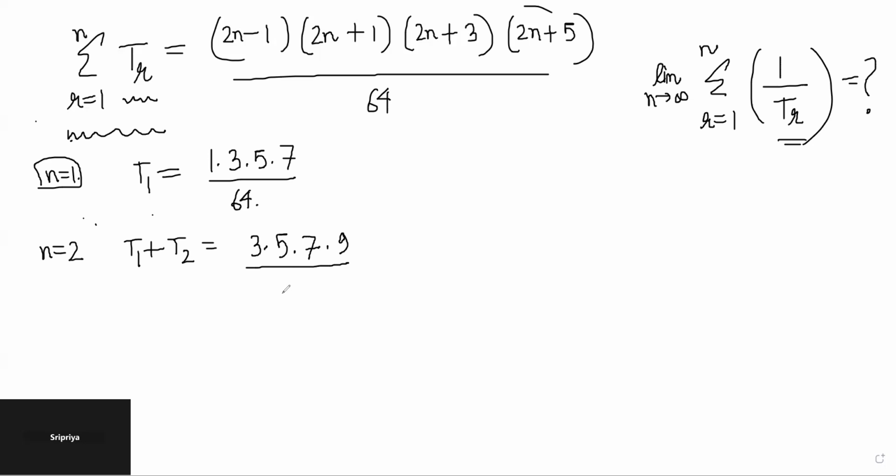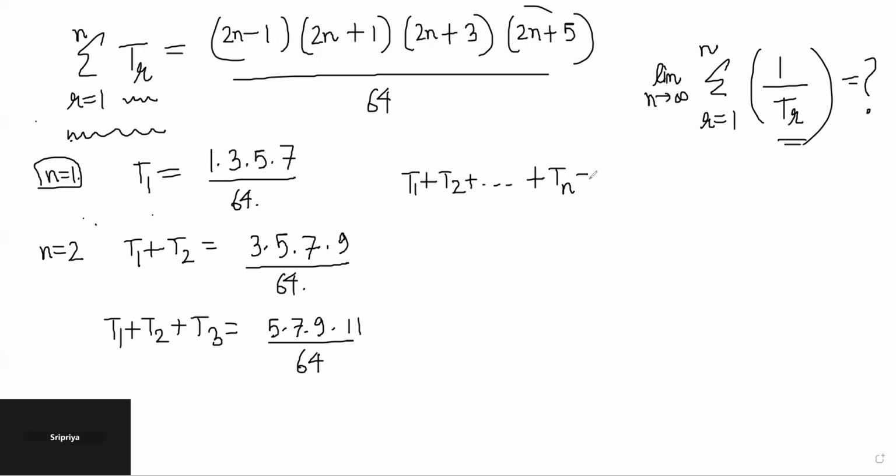So there is at least some pattern here. T1 plus T2 plus T3, when you put n is equal to 3, starts from 5: 5, 7, 9, 11. Right now we know that T1 plus T2 plus up to Tn is this, right?